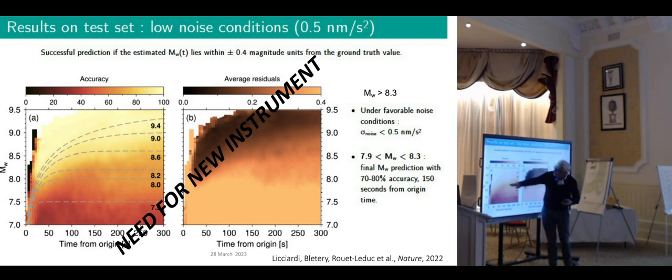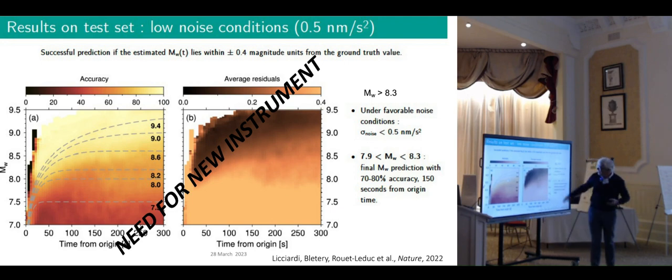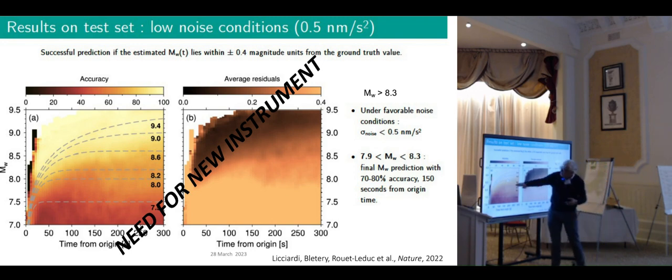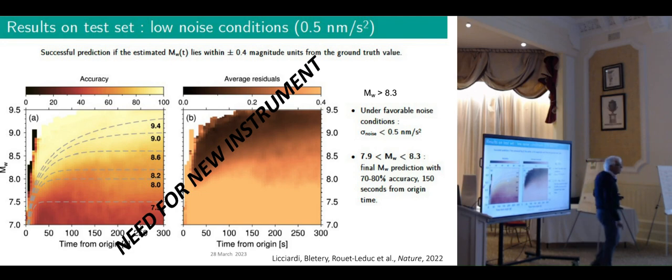Okay, so that's the accuracy and the residuals. You have a good accuracy when you're in the yellow area, with an accuracy of about 0.2 magnitude. But you see that if you consider earthquakes smaller than 8.2 or 8.3, the accuracy is not as good, and that's the limitation.